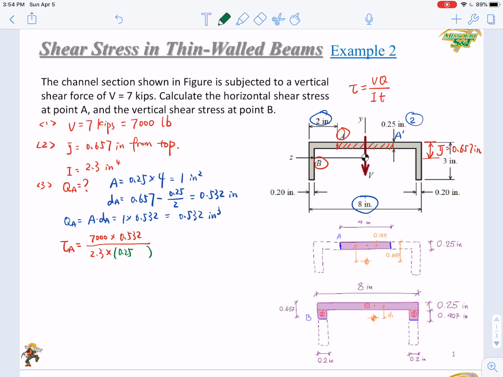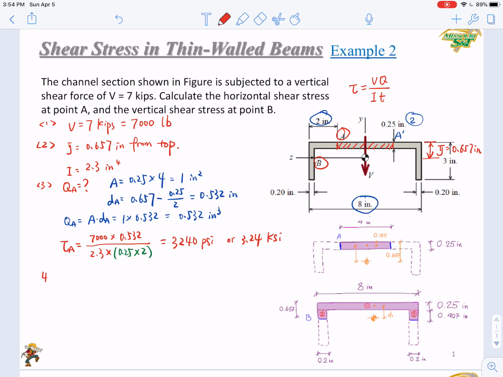Should we use this number? Well, please recall the previous slide. In the case of a C shape and such a point A, we need to use 2t. This is 0.25 times 2. Then we can do this calculation. We got 3240 psi, or 3.24 ksi. This is the shear stress at point A.